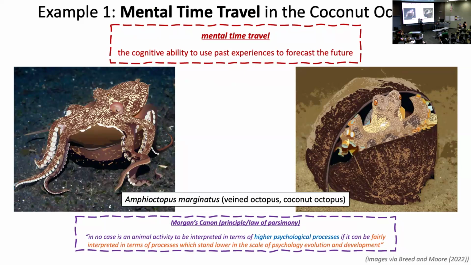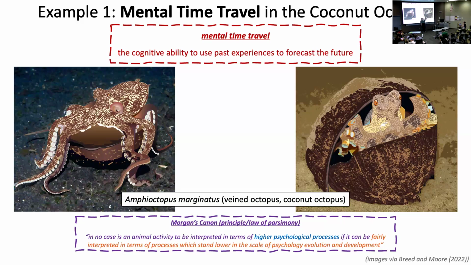And I've already hinted at this example in a previous lecture. This is a depiction of a veined octopus, sometimes known as the coconut octopus. You can find this octopus taking half shells, from humans breaking coconut shells apart, and it will cover itself in them, kind of like a hermit crab, and hide within the safety of these shells.